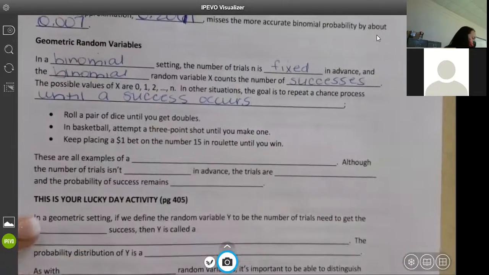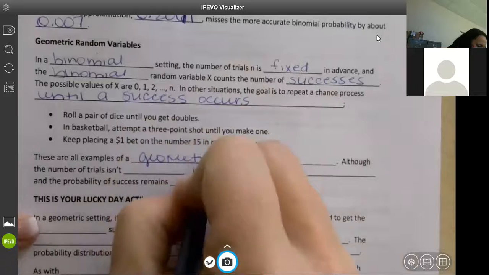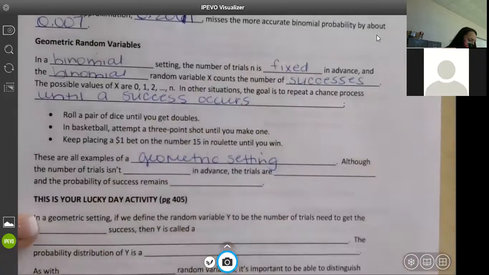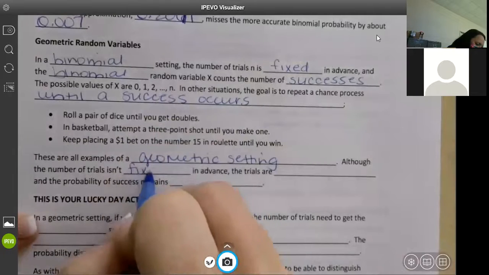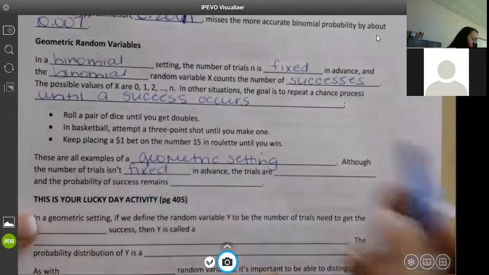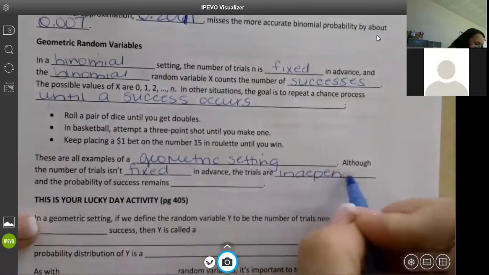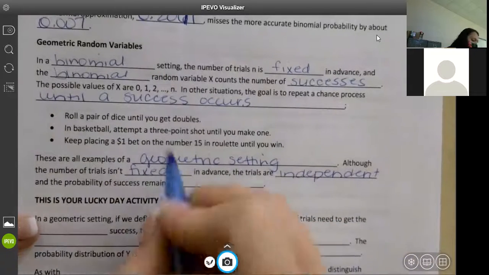These are all examples of a geometric setting. Although the number of trials isn't fixed in advance, the trials are independent, and the probability of success remains constant.